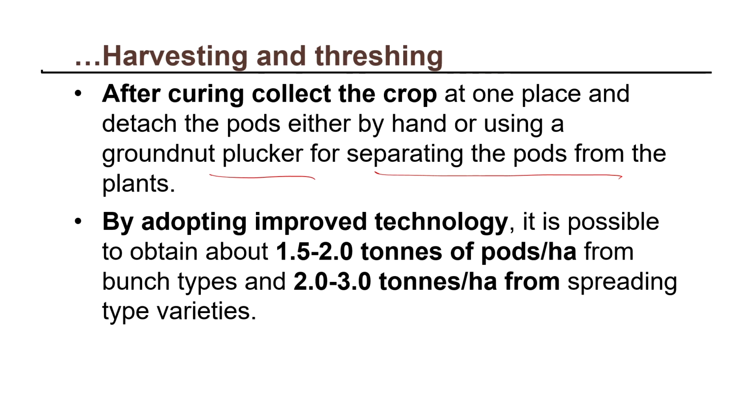By adopting improved technology, it is possible to obtain 1.5 to 2 tons of pods per hectare. This is the yield from bunchy type, and for spreading type the yield is 2 to 3 tons per hectare. So, you can see the spreading type varieties of groundnut give you more yield than bunchy type. However, these spreading type are late maturing, mostly late maturing compared to bunch types.